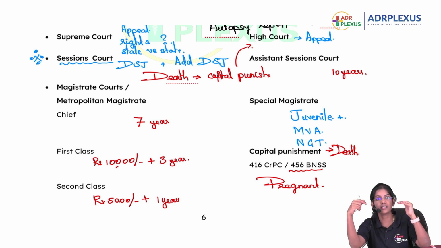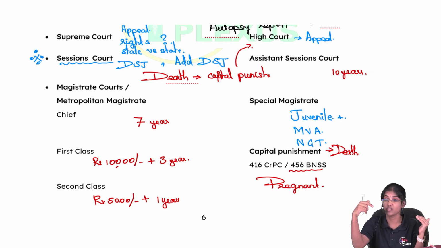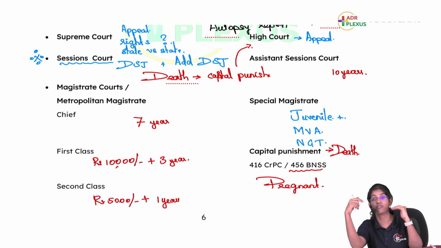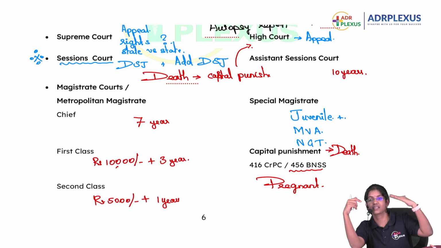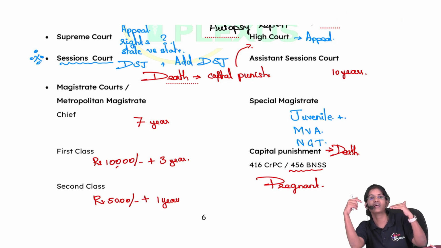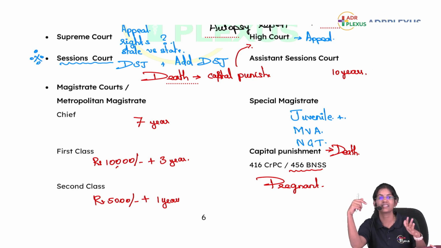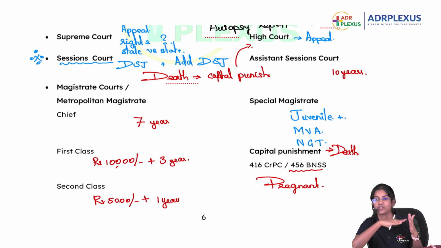In metropolitan cities, you have metropolitan magistrate courts. Else in other areas, you have magistrate courts. They start from the lowest: second class, first class, chief. Second class can give 1 year, first class 3 years, chief 7 years, and for the fine, second class and first class alone have 5,000 rupees and 10,000 rupees.